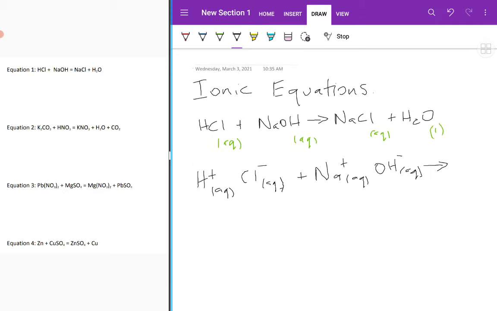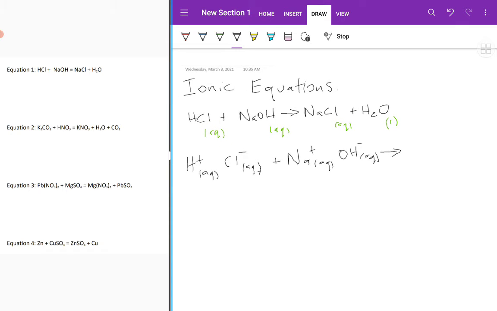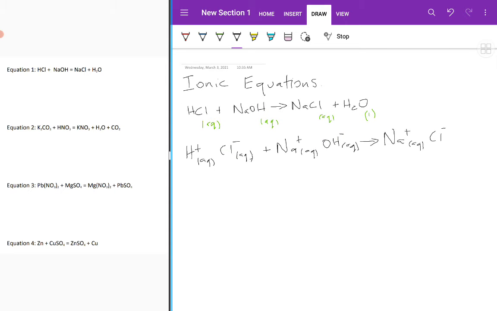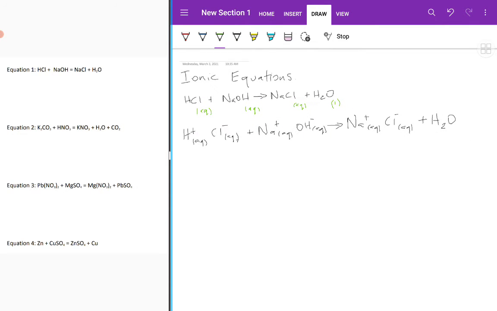The products: we have sodium chloride, made of sodium ions that are aqueous and Cl minus ions that are also aqueous. Now our water, what are we going to do with it? Our water is H2O, and we're going to leave it as a liquid. So we're not troubling the water.